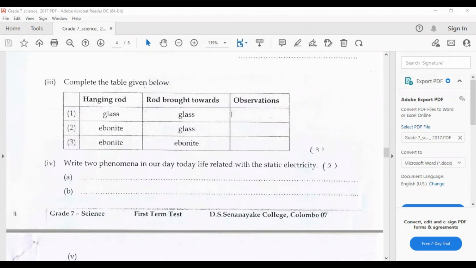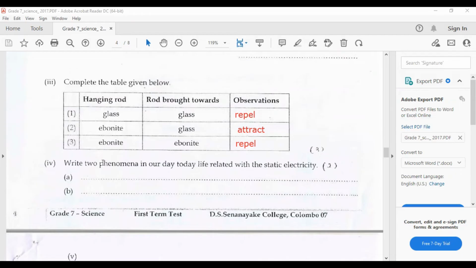So you can observe it is repelling. Ebonite is charged with negative charges, while glass is charged with positive charges. So the unlike charges attract each other. Ebonite, the two rods, are repelling with negative charges. Same charges repel each other.